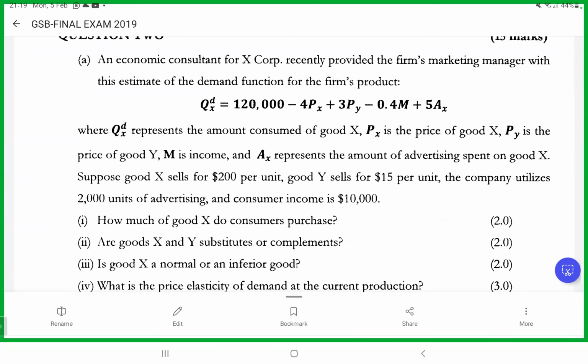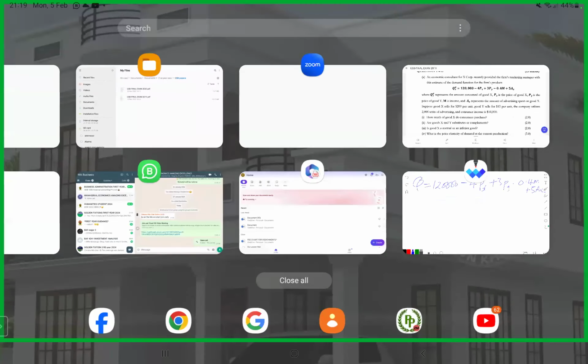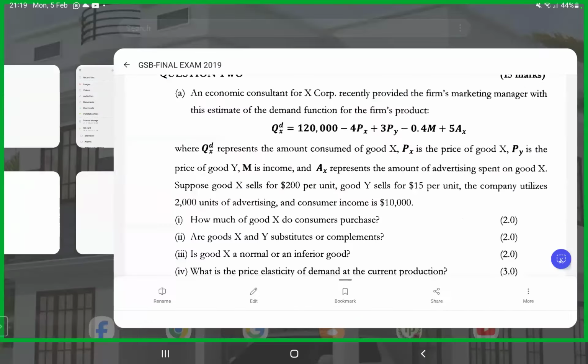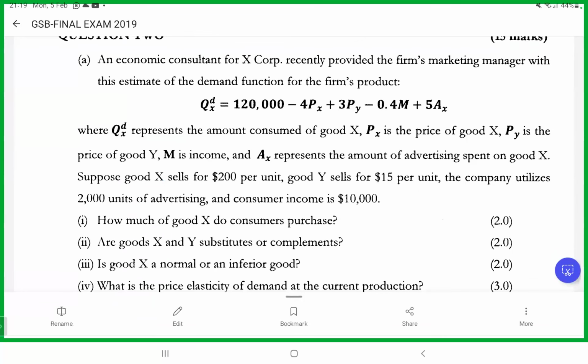And we've been provided with data that the price of X is 200. Okay, the price of good X is 200, so we get the data here. The PX is 200. What is the price of Y? The price of good Y, how much is it? How much is good Y selling? $15 per unit.